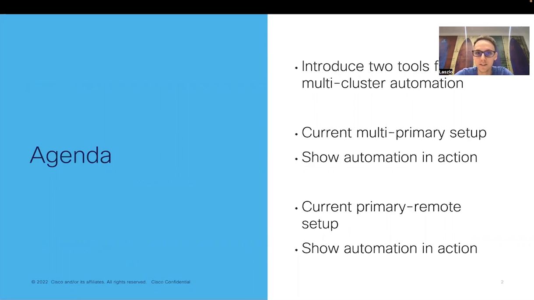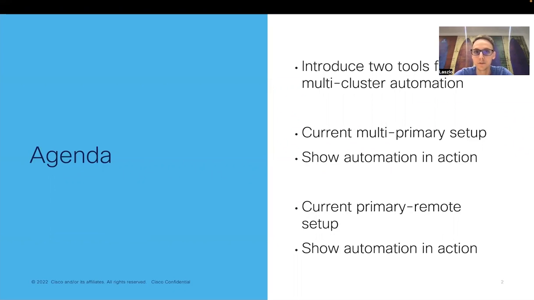The agenda is fairly easy, actually. I'm planning to do a lot of demos today. So I'd like to introduce you to two open source tools that we have developed. Today, I'm not going to talk a lot about the actual state of the multi-cluster setups in Istio. Rather, I will talk about what we did to improve it, to automate it for ourselves.